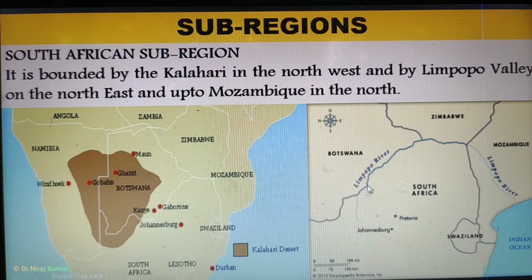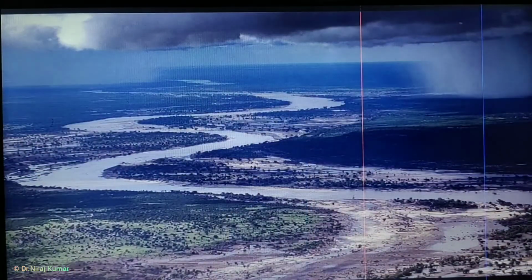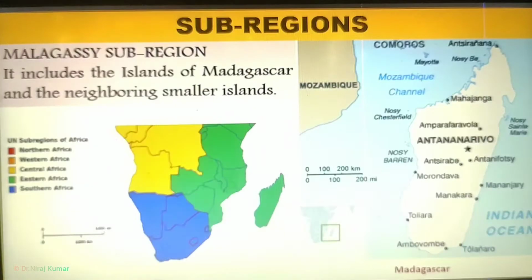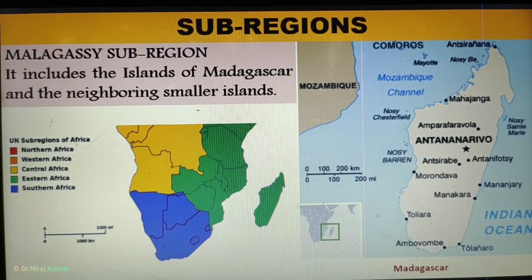This is Limpopo River, which finally ends into Indian Ocean, and its valley is called Limpopo Valley. This is aerial view of Limpopo River. Fourth subregion is called Malagasy subregion, which includes the island of Madagascar and the neighboring smaller islands.